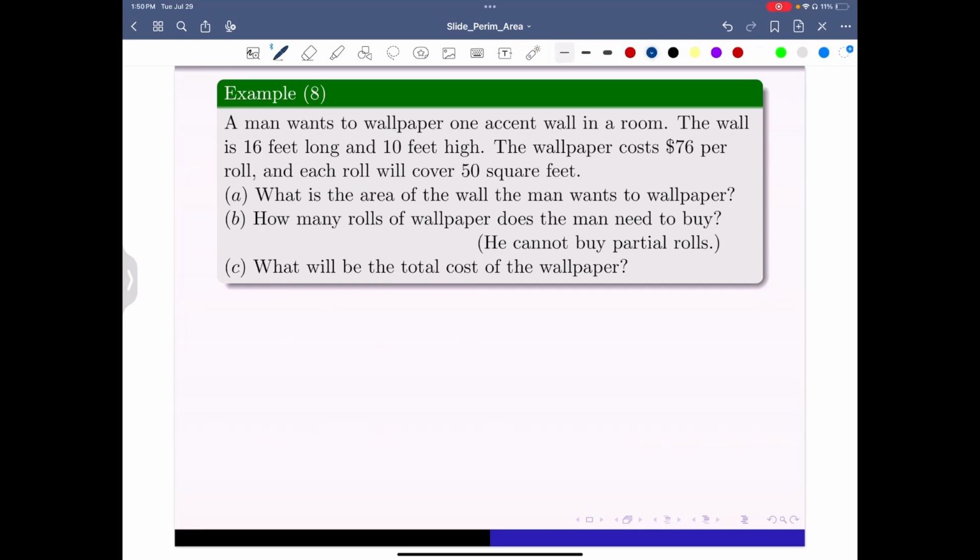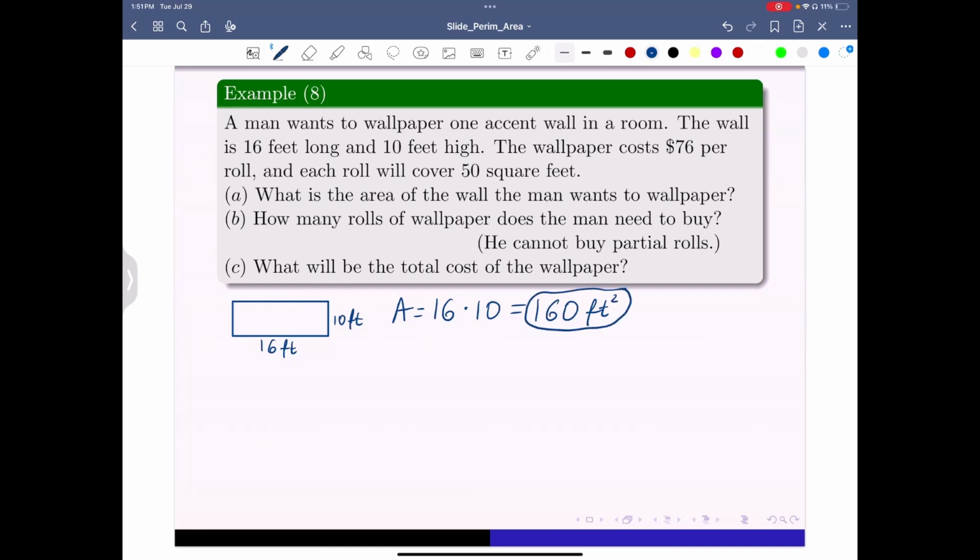So as before, we have a rectangular wall, and it is 16 feet long and 10 feet wide. So the area is 16 times 10, and in that case it is 160 square feet.